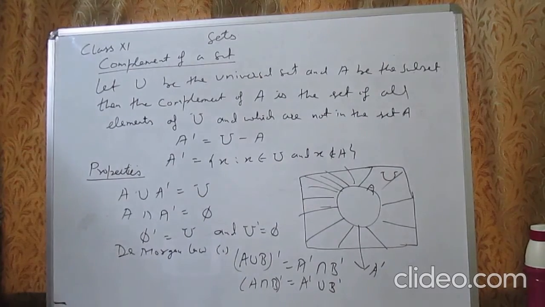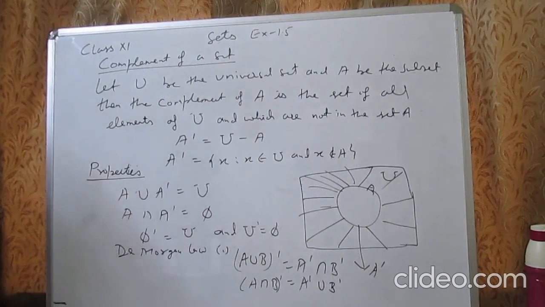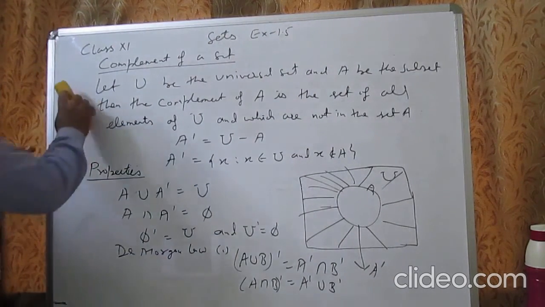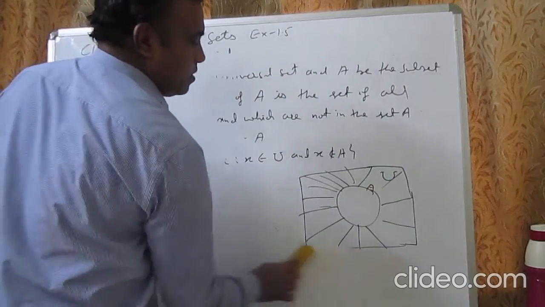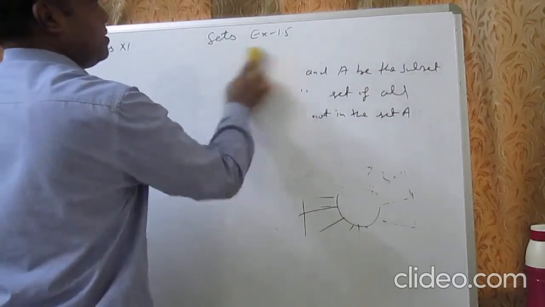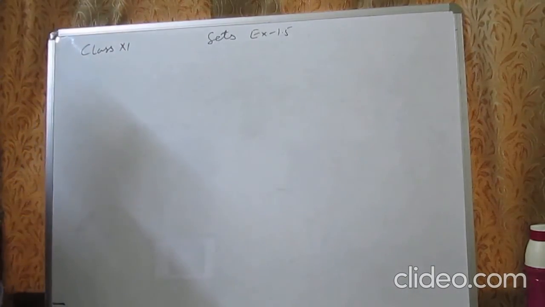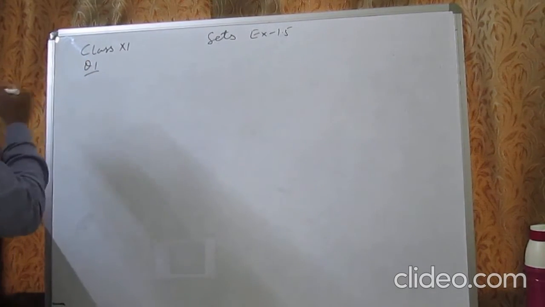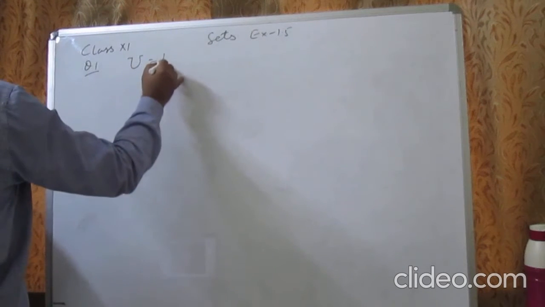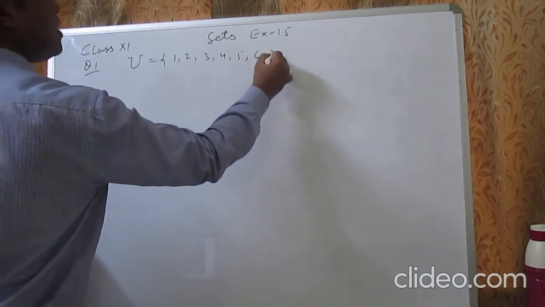Now I will take exercise 1.5. Question first. Let in question first, U is given to you: 1 2 3 4 5 6 7 8 9.